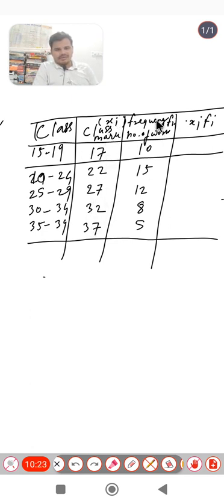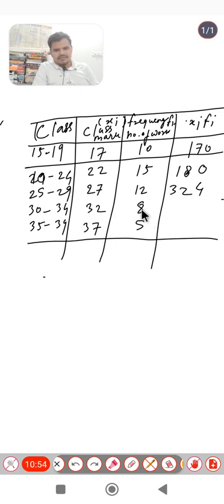Then the frequency is given, so we just have to multiply it. That is 17 into 10, which is 170. Then 15 twos are 30, carry 3, that is 330. Then 12 sevens are 84, 12 twos are 24, that is 324.